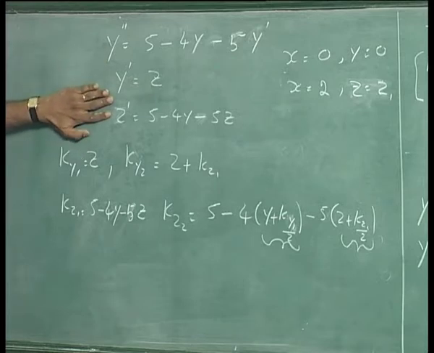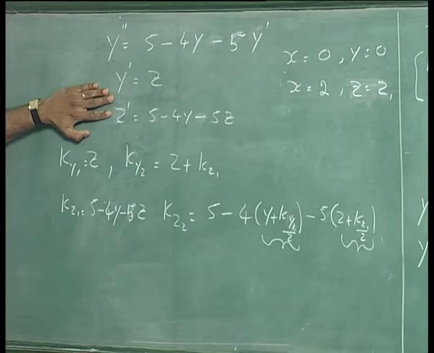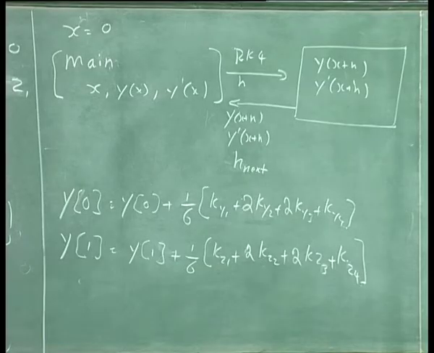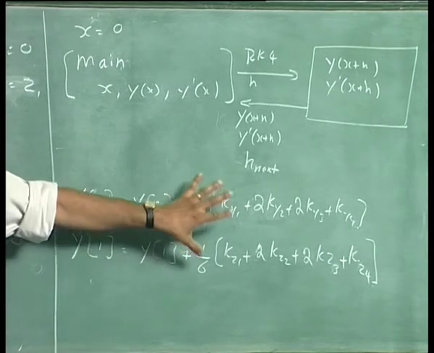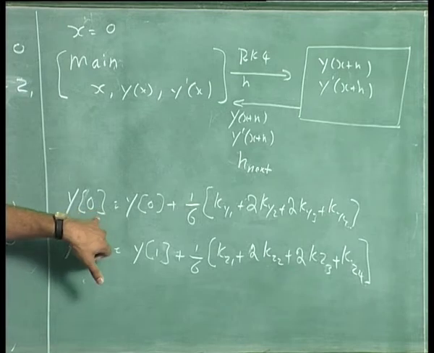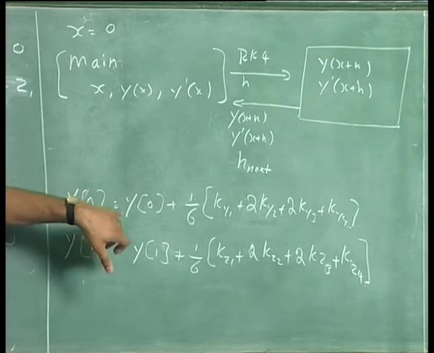Now, to use the Runge Kutta scheme, as you see, we always use a scheme like this, right? We are starting from y0 and going to some value, and then to the next value. This is at x equal to x0 and then we go to x0 plus h.